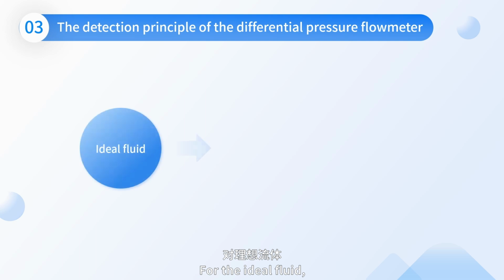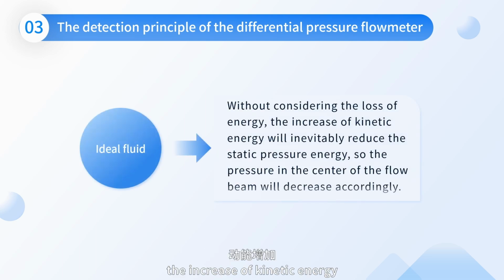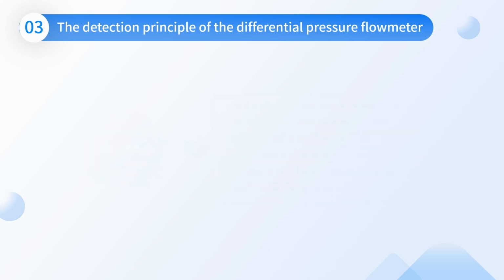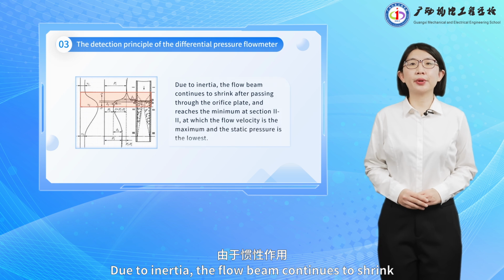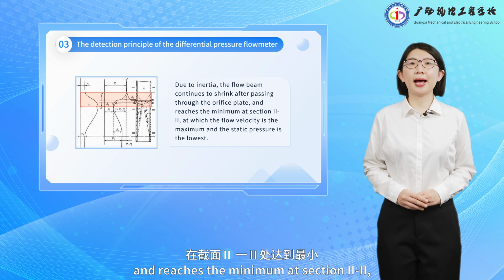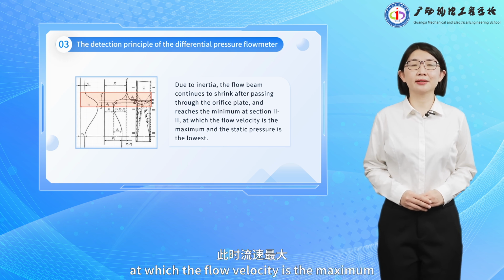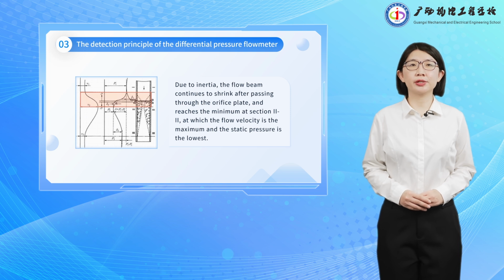For the ideal fluid, without considering the energy loss, the increase of kinetic energy will inevitably reduce the static pressure energy, so the pressure in the center of the flow beam will decrease accordingly. Due to inertia, the flow beam continues to shrink after passing through the orifice plate and reaches the minimum at section 2-2, at which the flow velocity is the maximum and the static pressure is the lowest.